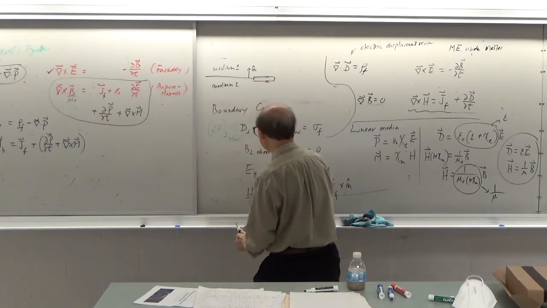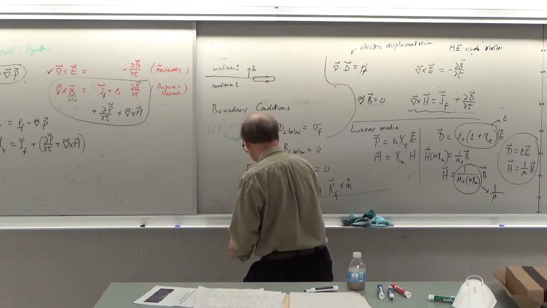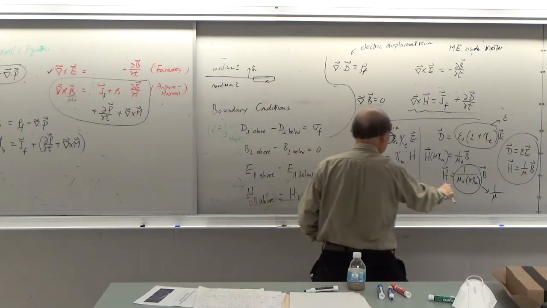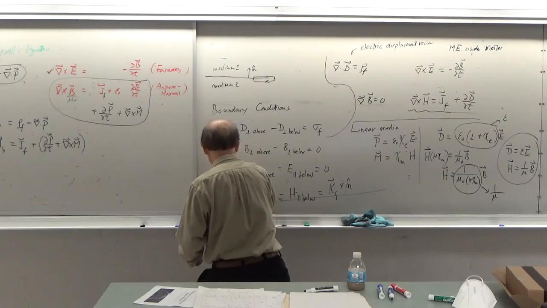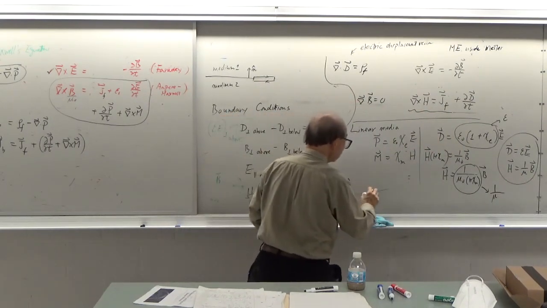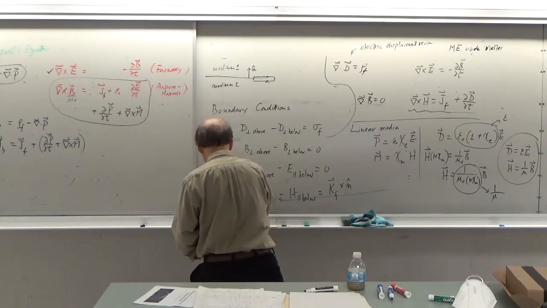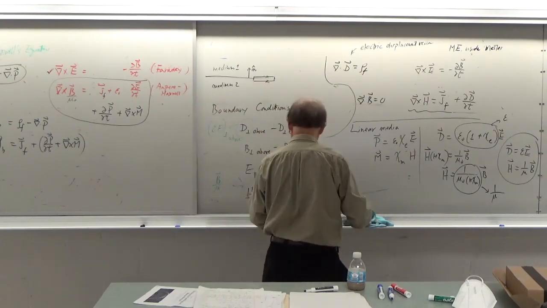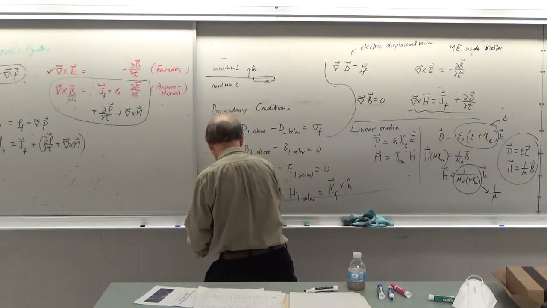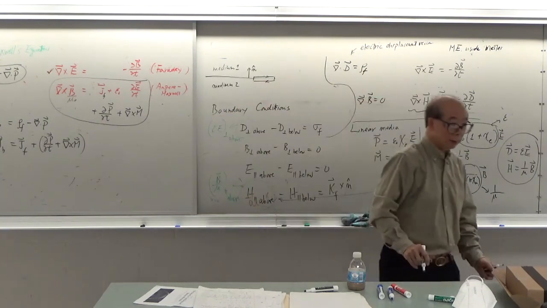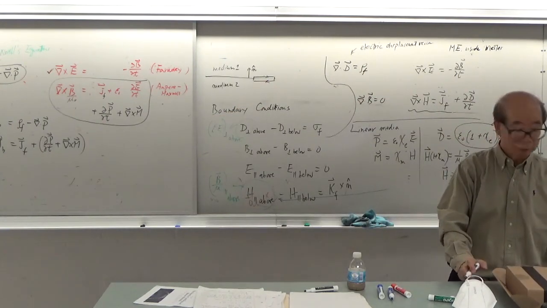And for this, you can replace it by B divided by the permeability of the medium above relative to the one below. So with this, I conclude this lecture.